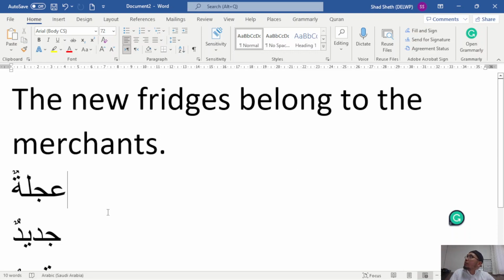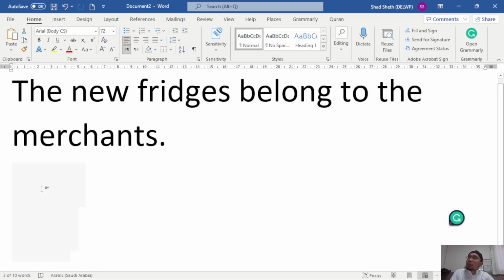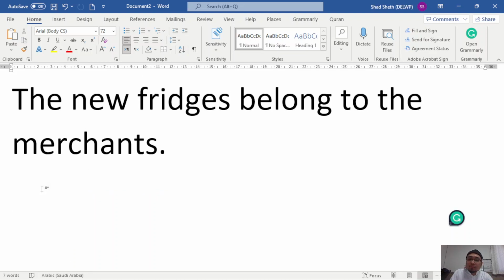How do you say fridges? Fridge is thallajatun. When you see the ta marbuta at the end, you can use the atun version. So sayaratun, hafilatun, thallajatun. So thallajatun, and then merchant. You guys know the vocab for merchant? At-tujjar. Yes, good.